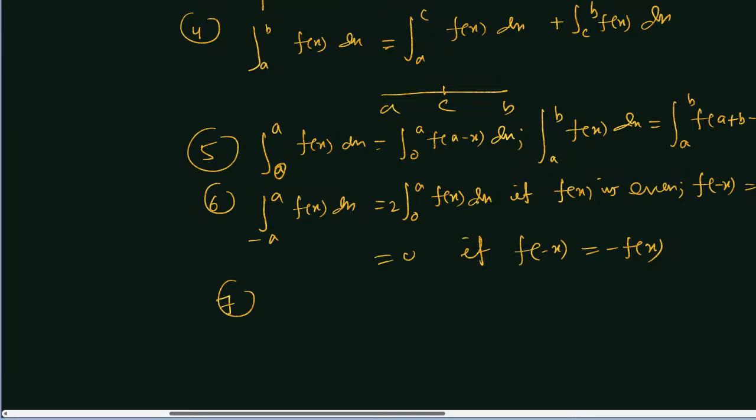Now, one property is there on the smallest and greatest value in the interval. WBJEE, they have not asked many questions based on this, but sometimes WBJEE MCQ solution on inequalities can be done quickly with the help of this.